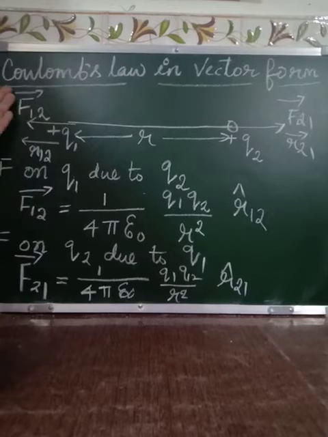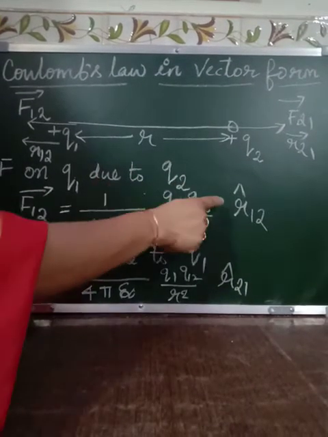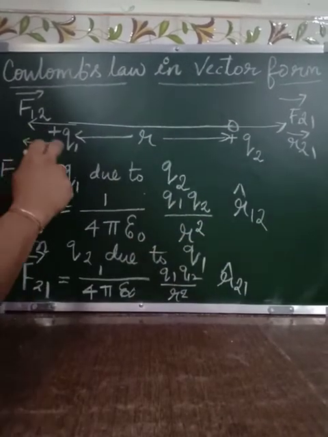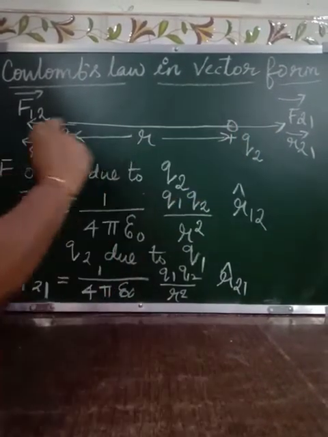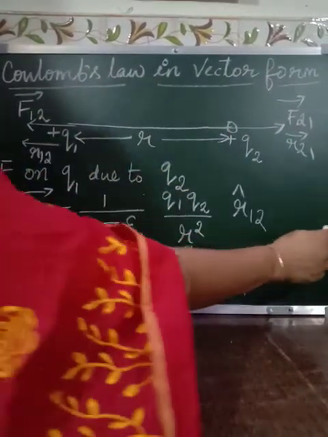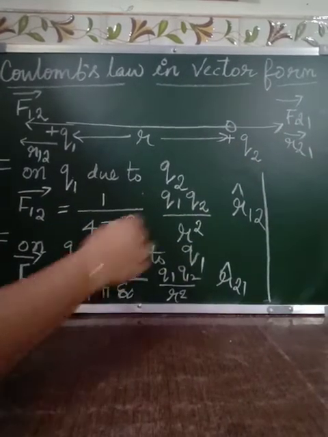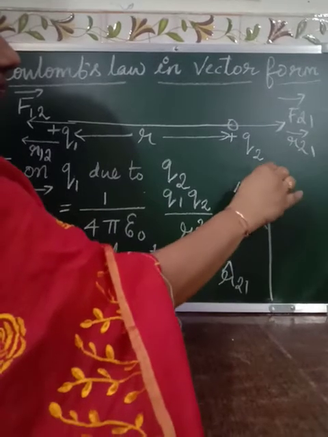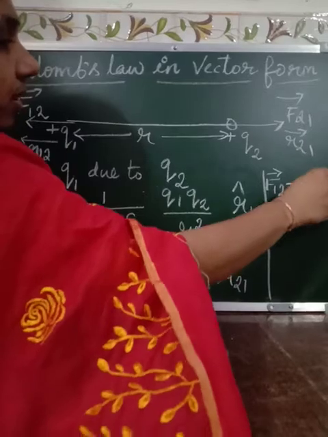Whenever you express the equation in vector form, vector notation is must on both sides. Otherwise you will not get any mark. Now from the diagram it is clear that F12 and F21, these two are in opposite direction. So we can conclude this Coulomb's law in vector form as F12 is equal to minus F21.